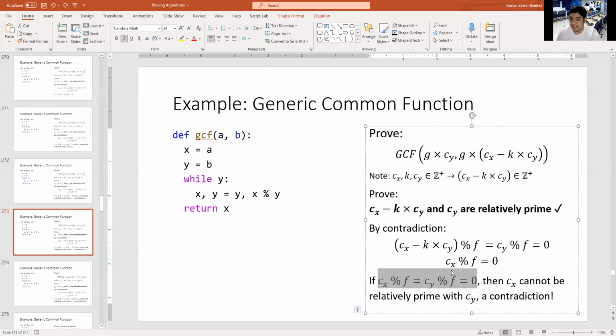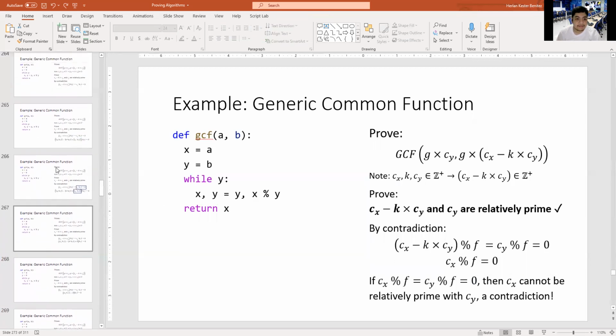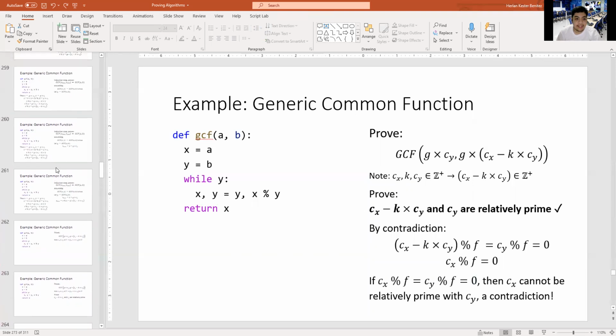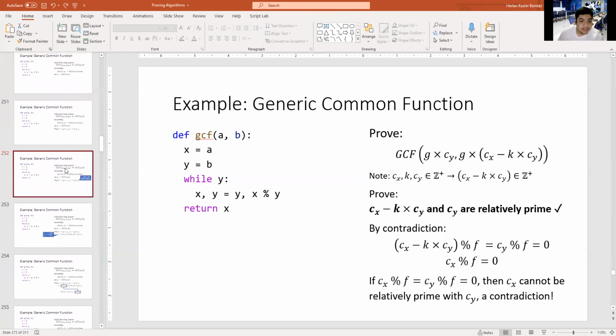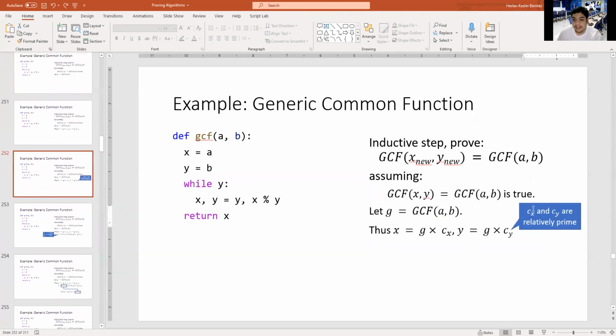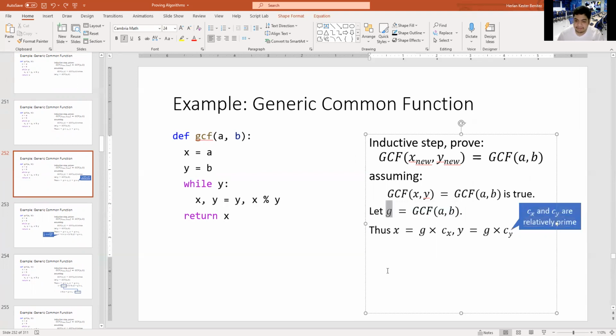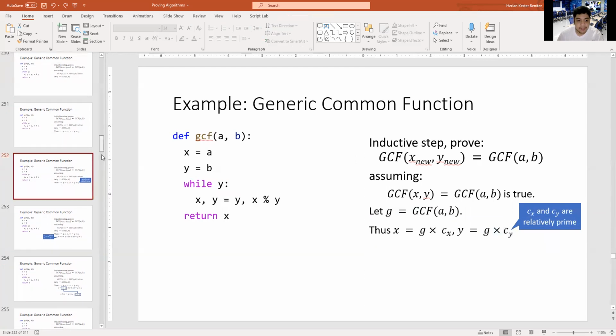And that cannot be the case, because that is part of our inductive assumption. Where is that? Cx and cy should be relatively prime, because G is the greatest common factor. Therefore, cx and cy should be relatively prime.